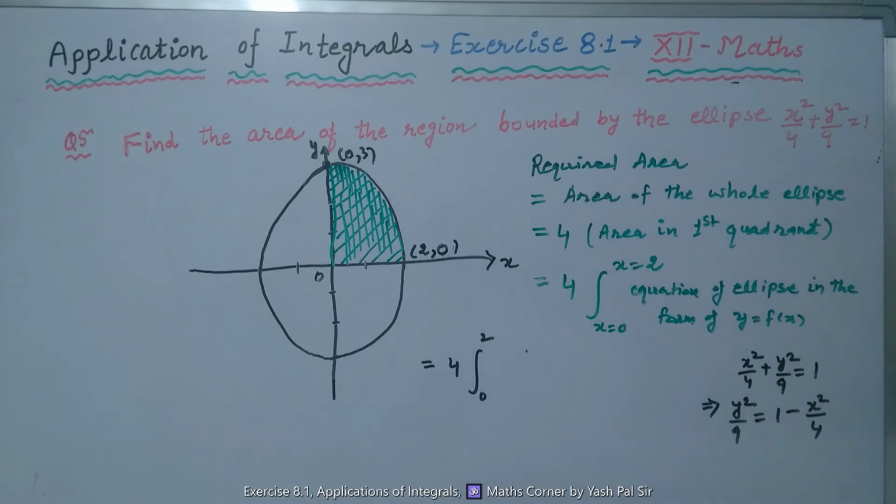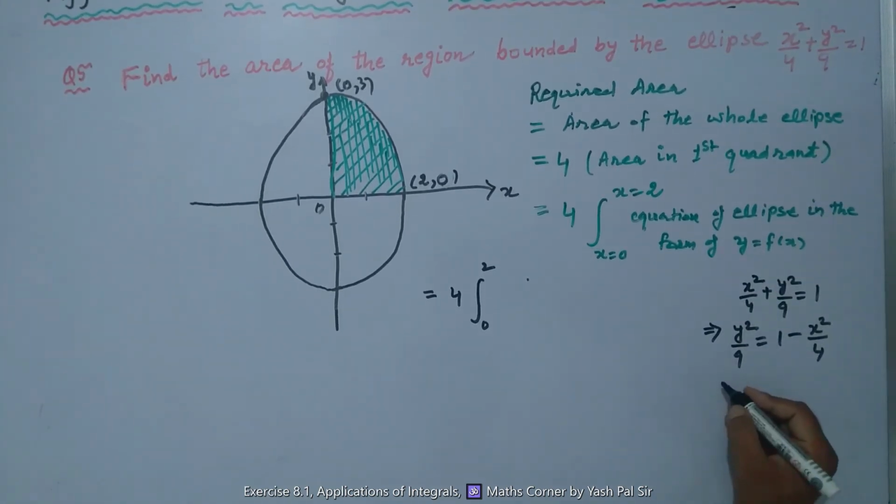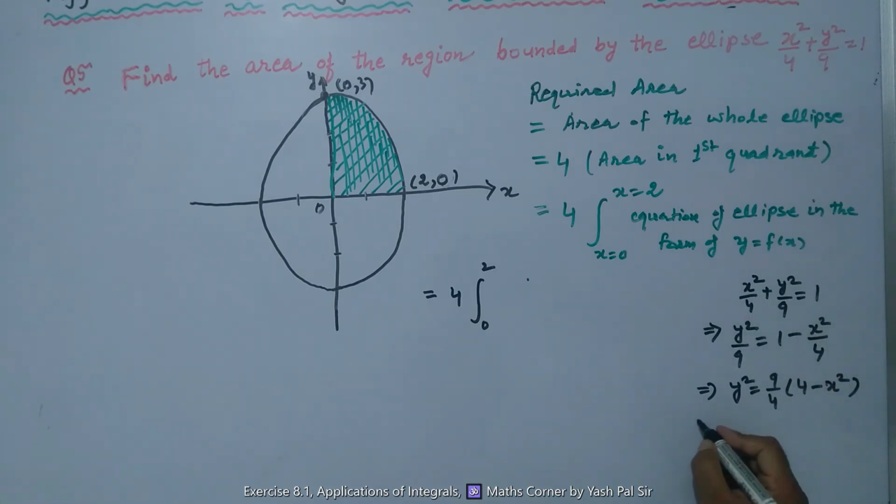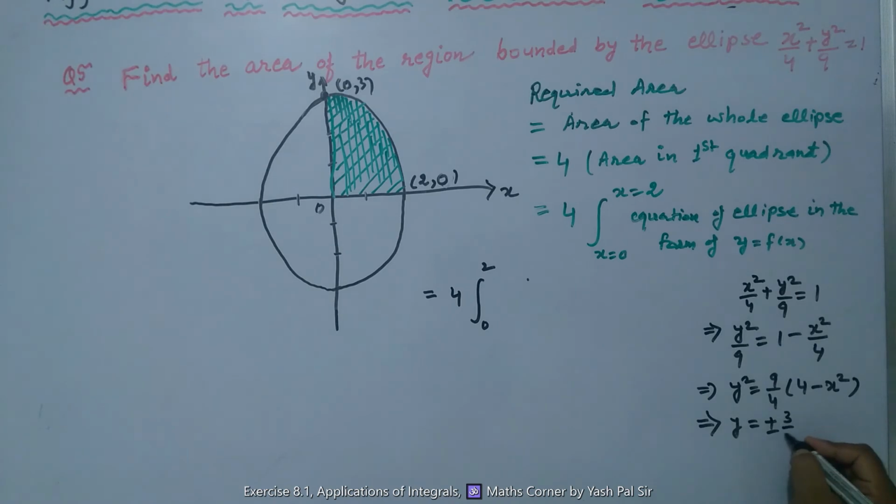So again we can write y square is equal to 9 upon 4 into 4 minus x square. So this way we have y is equal to plus minus 3 upon 2 square root of 2 square minus x square.